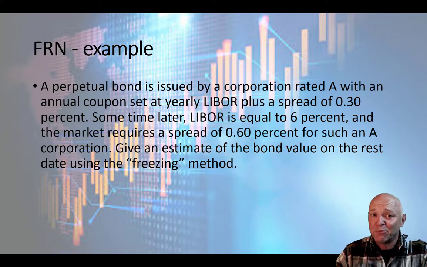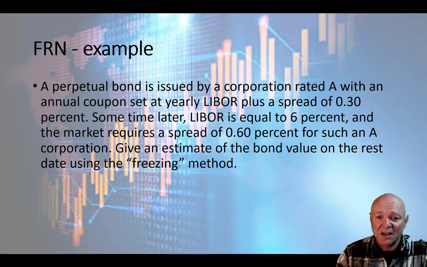Sometime later, LIBOR is 6%. But the market requires a spread, because of the credit risk premium, of 60 basis points, or 0.6%, for a corporation like this one.